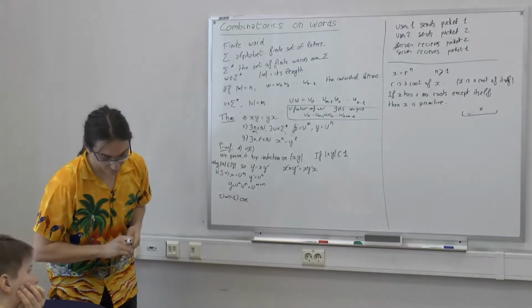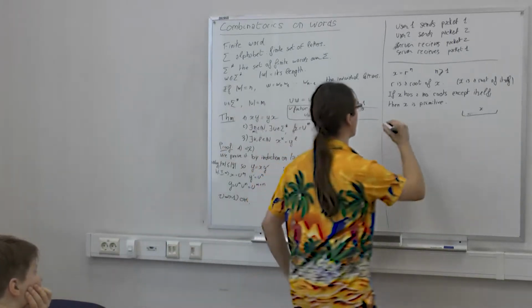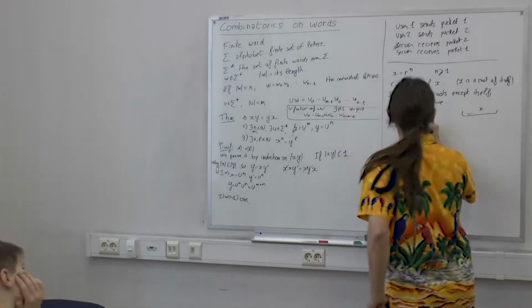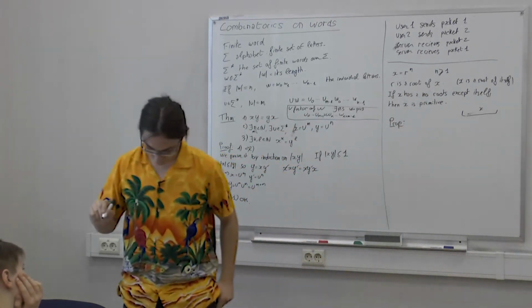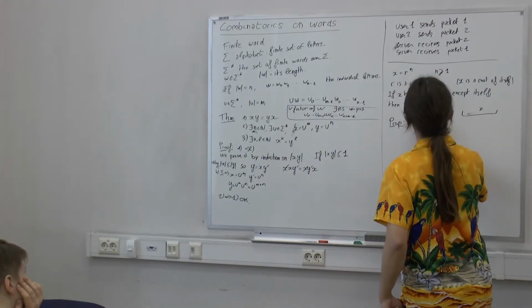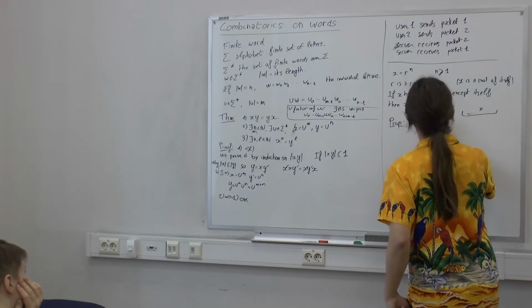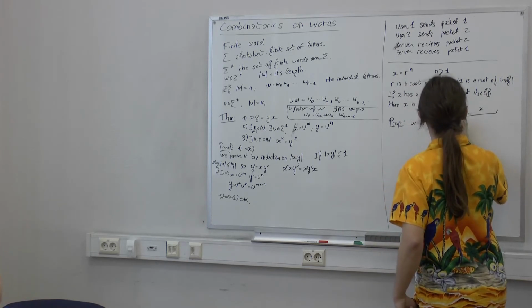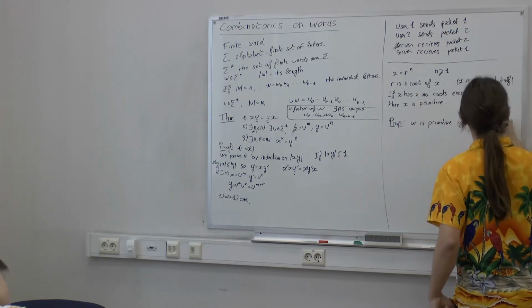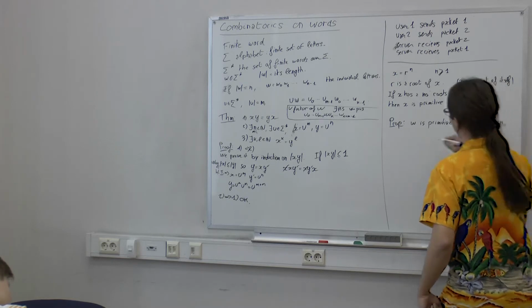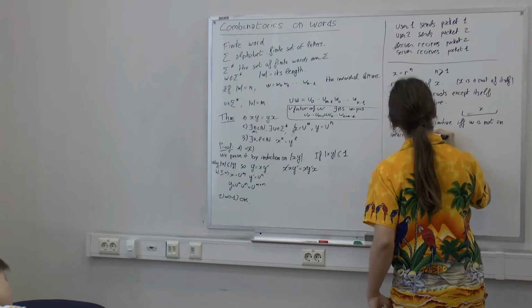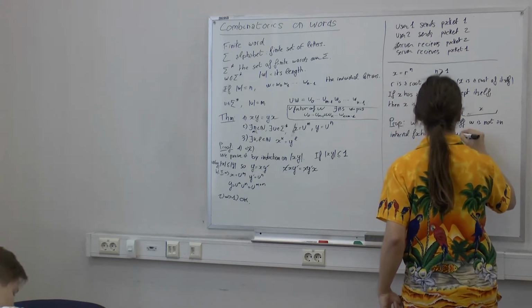And actually, we can say, so proposition: w is primitive if and only if w is not an internal factor of w square, which is ww.